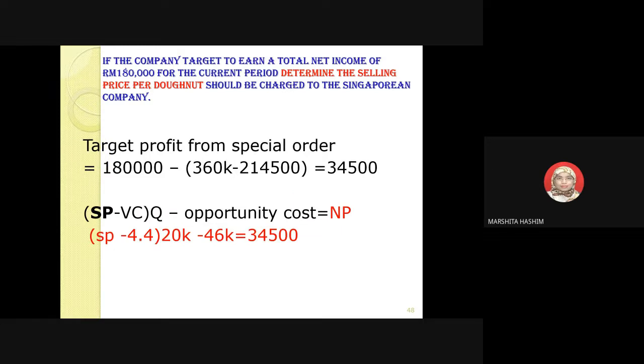And then you substitute your variable cost, quantity from special order, and also opportunity cost from special order just now. So you determine the selling price. You solve this equation, selling price should be equivalent to 8 ringgit 40 cents. The question asked about selling price, so you should charge them 8 ringgit 40 cents. So that annual income, you can get 180,000 per annum.